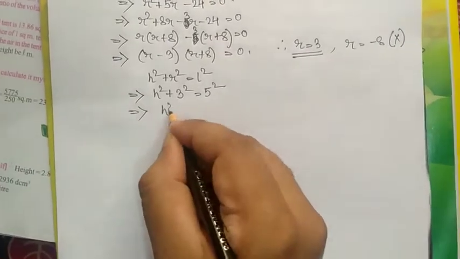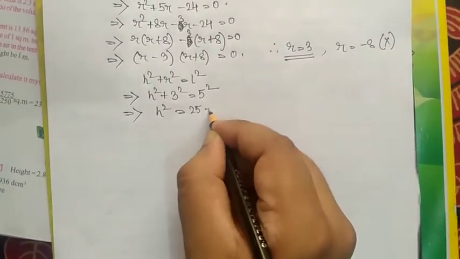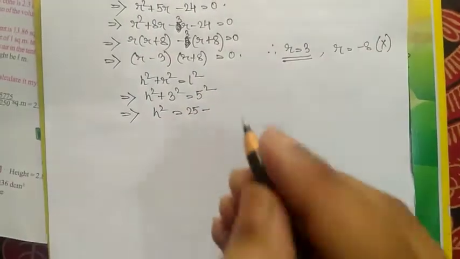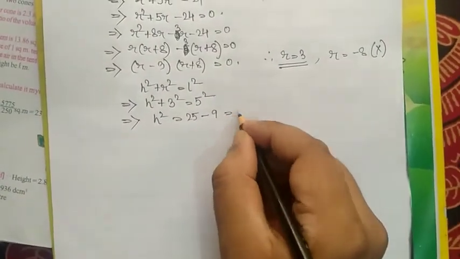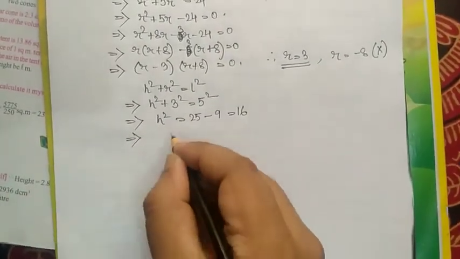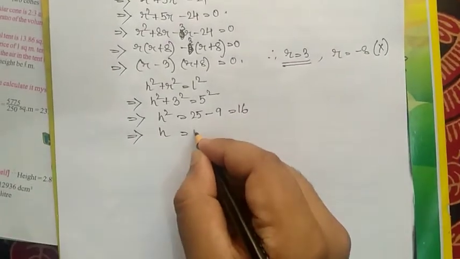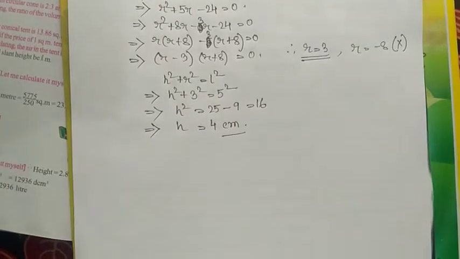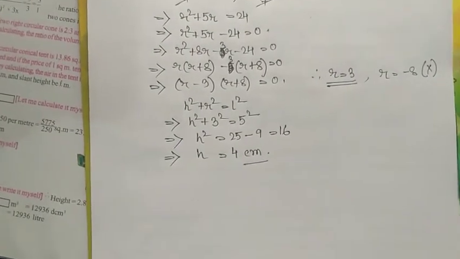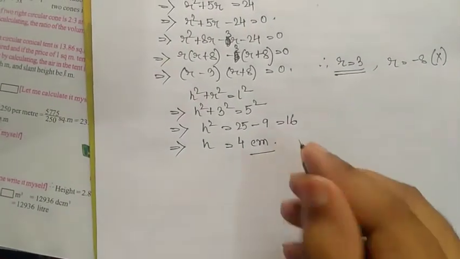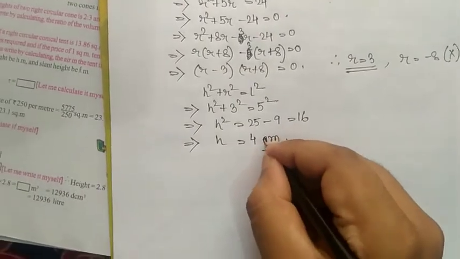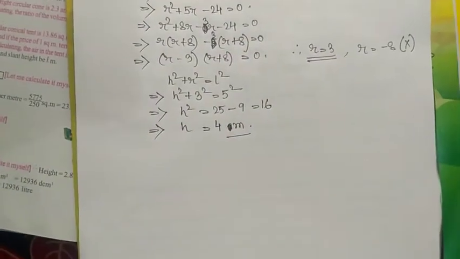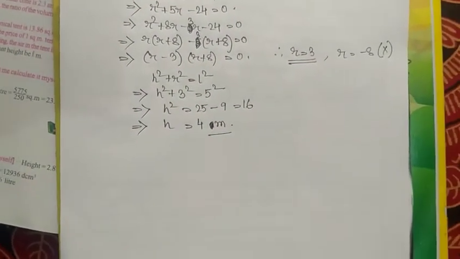So h square equal to 25 minus 9 equal to 16. So therefore height equal to root over 16 means 4 meter.